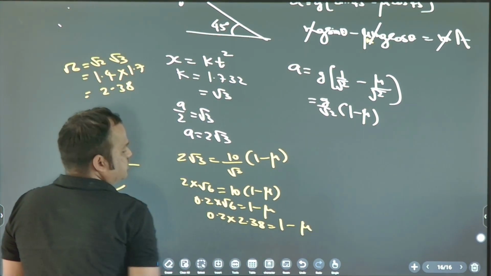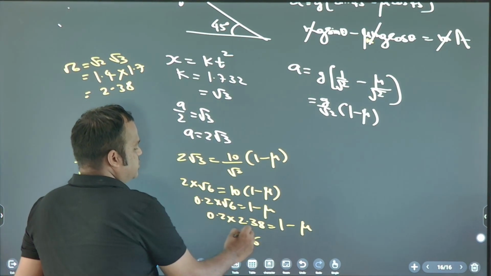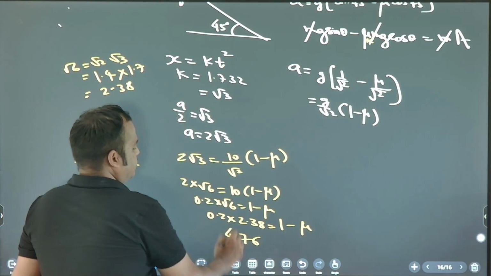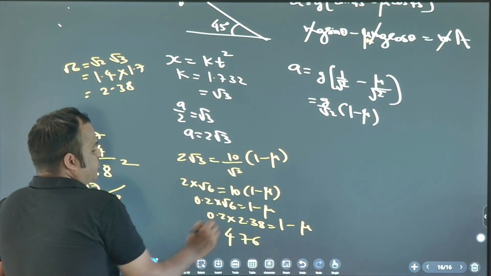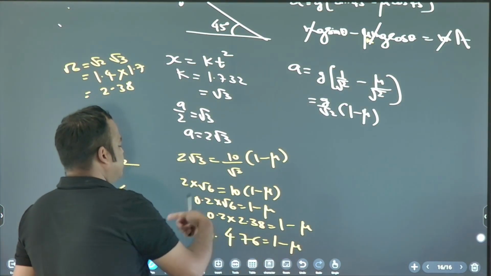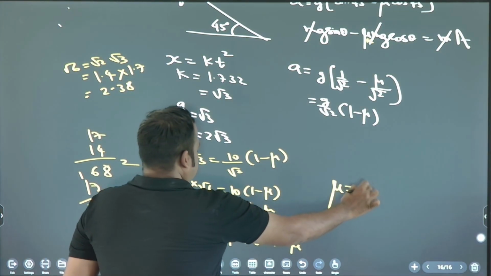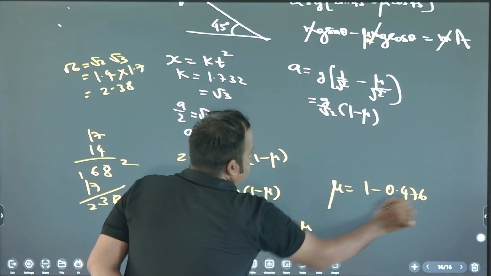Now solve this. 16, 6, 7, 4, correct? 0.476 is equal to 1 minus mu. Now minus mu will go to the left side, 0.476 goes to the right side. So mu is equal to 1 minus 0.476.